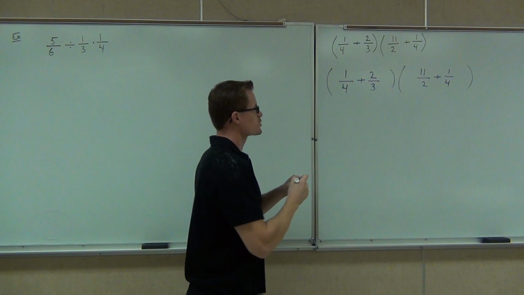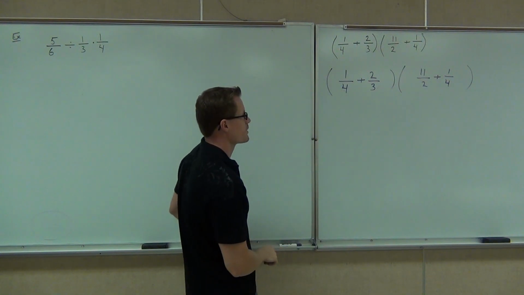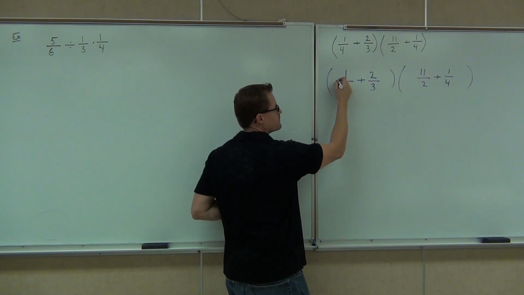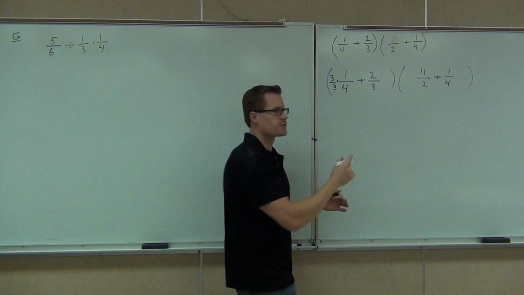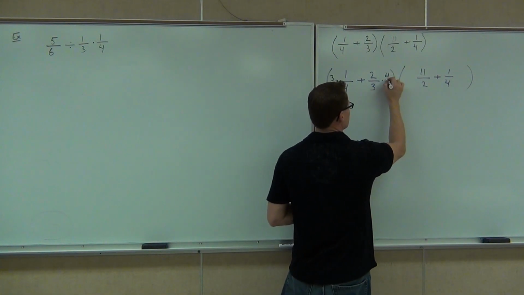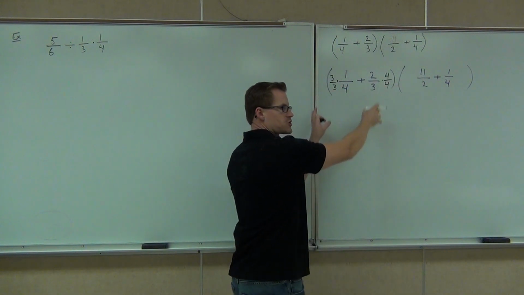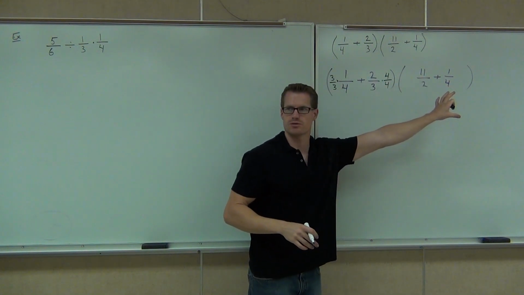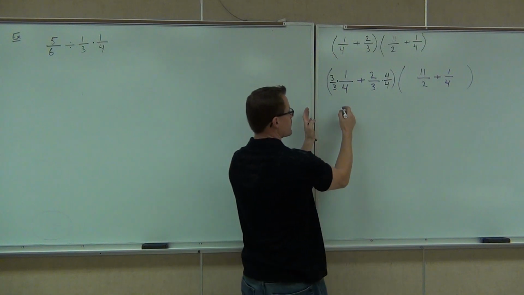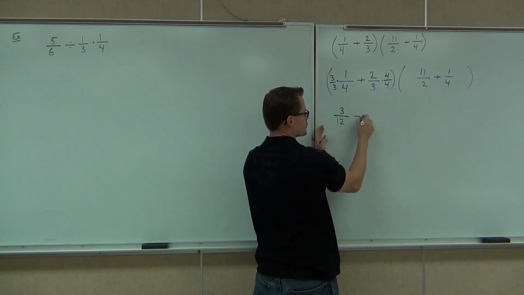If our LCD is supposed to be 12 here, then we're going to have to multiply the 1/4 times 3/3. And we're going to have to multiply the 2/3 times 4/4. I'm going to work this fraction all the way down, then I'm going to work with this set of fractions over here. So on our left fractions, we've got 3/12. And of course, we're going to get 8/12.